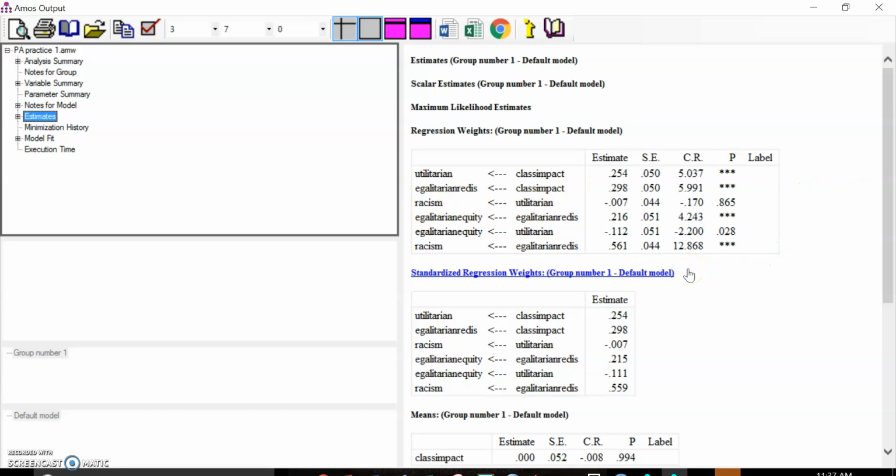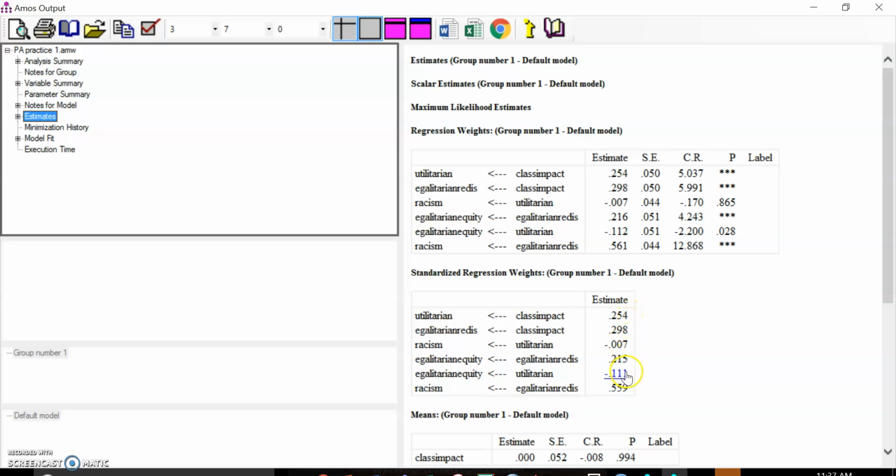When I get to my standardized regression weights, these were the factor loadings that we interpreted with CFA. Now we're interpreting them differently. Now we're going back to their actual regression weights, like the beta weights from multiple regression that we've learned. Here we can see that only one of them has pretty much no impact, which makes sense because it's the one that's not significant. The rest of them are all significant, but that's pretty low, thinking about correlation terms.